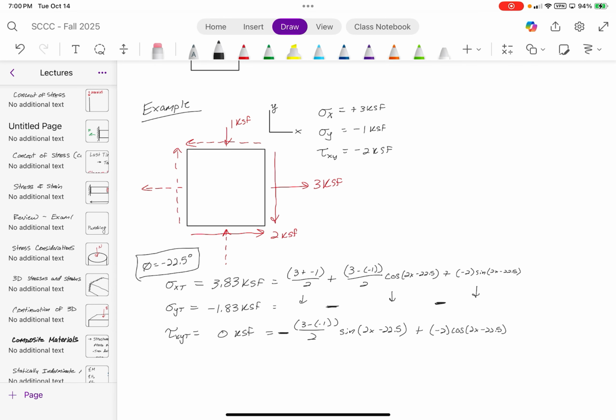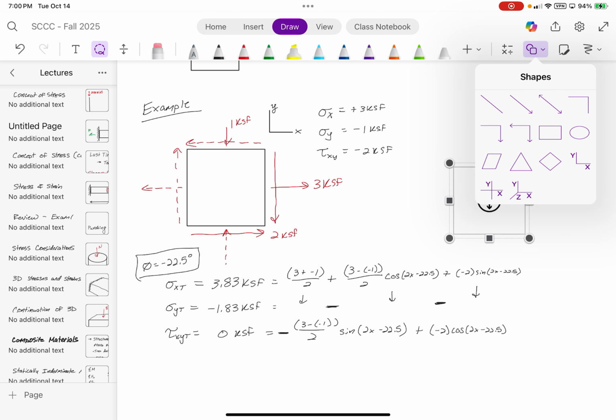So if you guys were to rotate this thing, it isn't going to be a perfect rotation because I don't think I can rotate this.